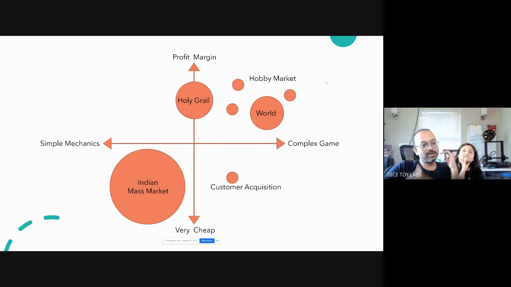So this is something you have to keep at the back of your mind and start designing a game to fit that. Okay. So hobby market and the world market are a niche market. They expect you to have a good game. If you're targeting this particular market, you cannot have a simple lame game just to cash in.